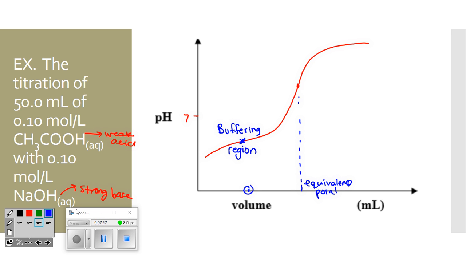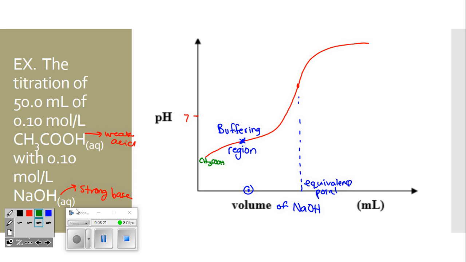Now, if we consider what's happening here, remember I'm adding NaOH, and I'm adding it to my weak acid. So if I think about at the beginning, what's present? I have my acid.